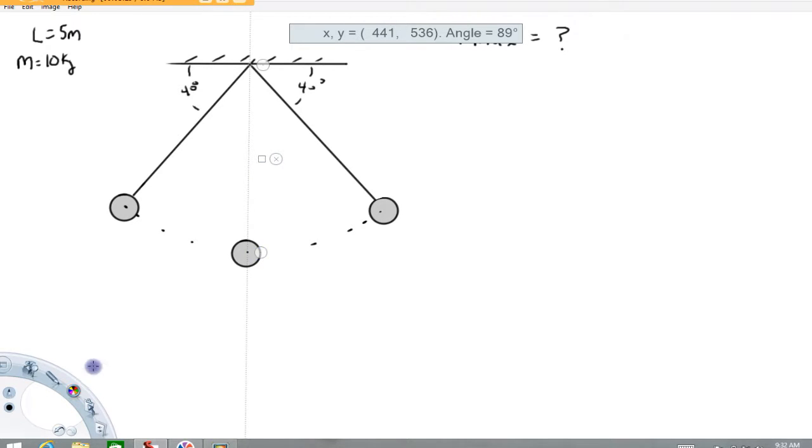As this object swings through, at this instant in time, there's going to be a gravitational force down, mg. And the rope, although I don't have it connected in the picture, you have to remember it is still in fact connected, and that rope is going to apply a tension acting on this object, and that force vector is going to point up.